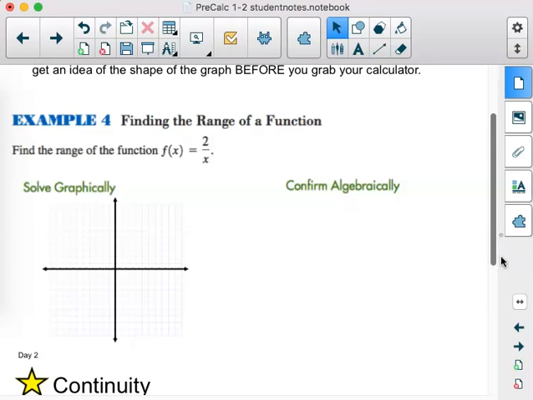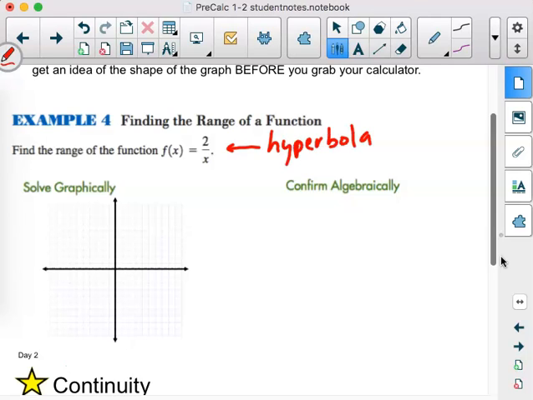Example 4 says, finding the range of a function. So, I'm supposed to figure out what the range is of this, and I see that it has division. And any time that we have a polynomial divided by a polynomial, that's going to be a hyperbola. So we're going to see a hyperbola here. And then I started thinking about that 2.